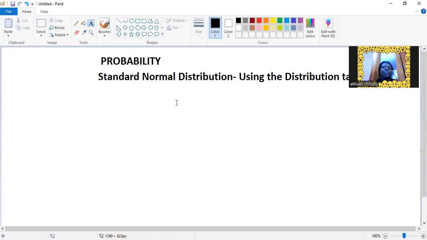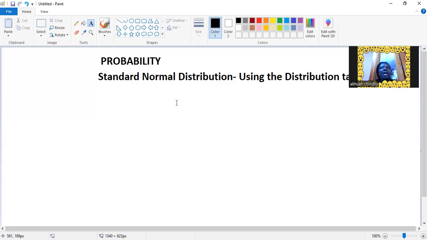We'll be talking about standard probability distribution. When we talk about probability, it talks about uncertainty. Sometimes in life, some of our decisions, we are not very sure that it's 100%.